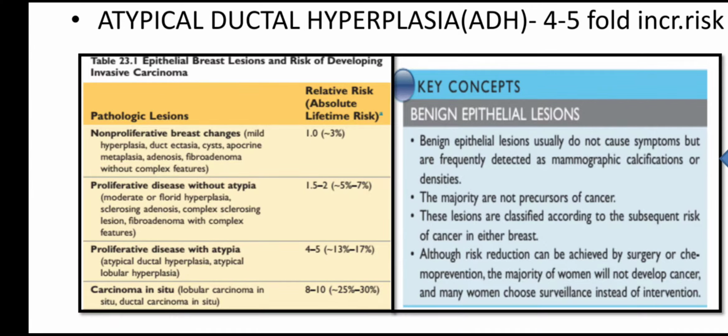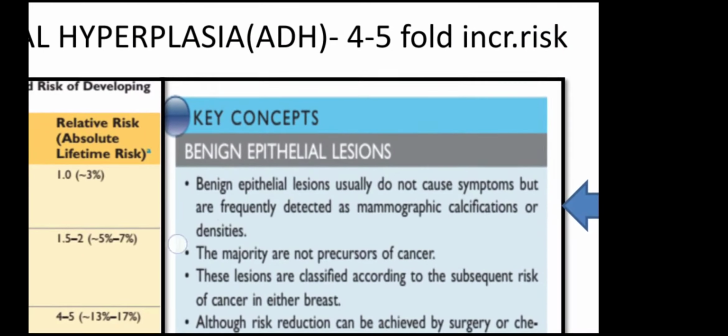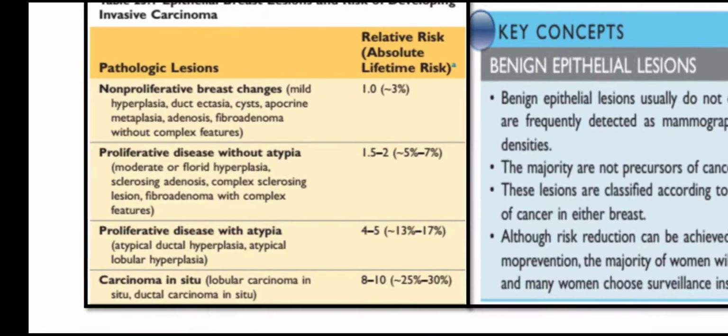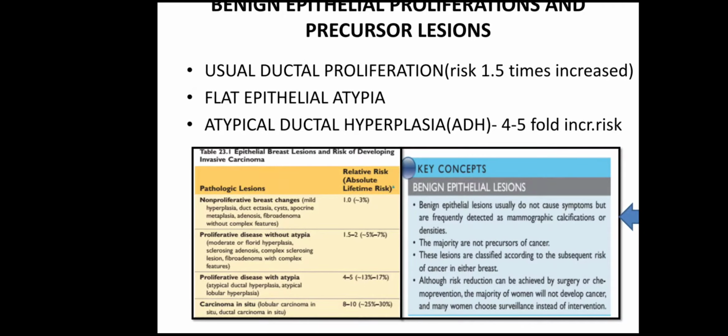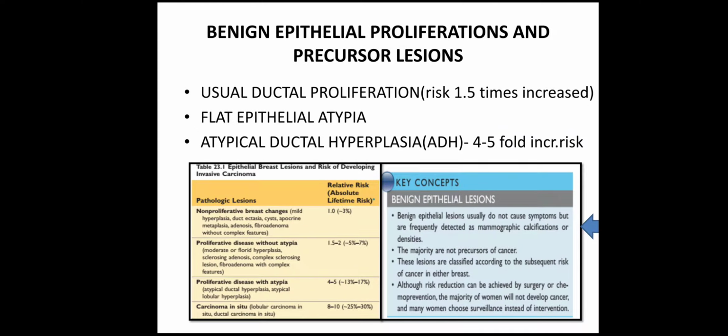Then lastly, the entity having the maximum risk, that is carcinoma in situ. It can be DCIS, ductal carcinoma in situ, or lobular carcinoma in situ, LCIS. And see here, they have 8 to 10 times increased risk of development of CA breast. So these lesions are important because they can progress to CA breast.